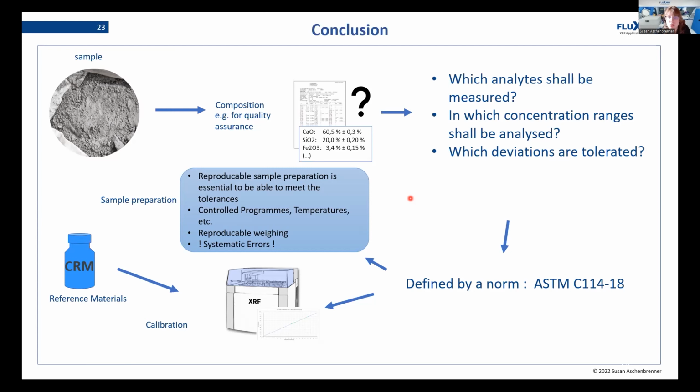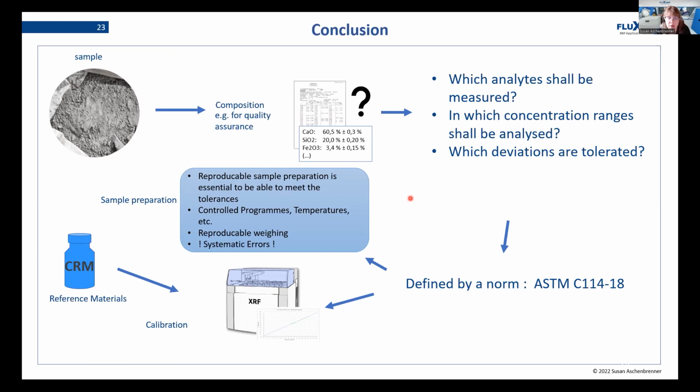And that means you need controlled programs, whether it's for pressing or for fusion. If you do something with temperatures, the temperatures also have to be controlled, and so on and so on. Basically, you have to check that everything that will give a systematic error will be cancelled in a way that it's still efficient.